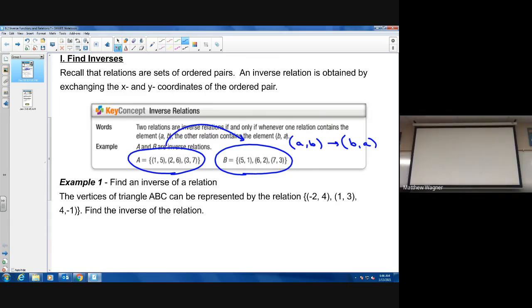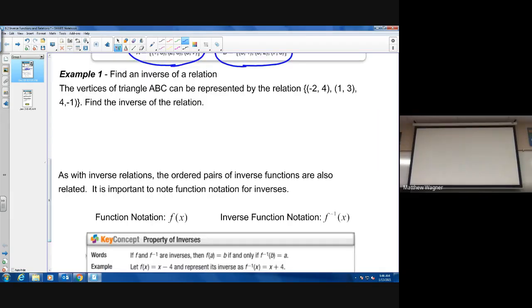If we have a function instead, an equation, what do you suppose we do with our x and y coordinates? We would switch those as well, okay? So taking a peek at example one, it says find the inverse of a relation. The vertices of triangle ABC can be represented by (2, 4), (1, 3), (4, -1).